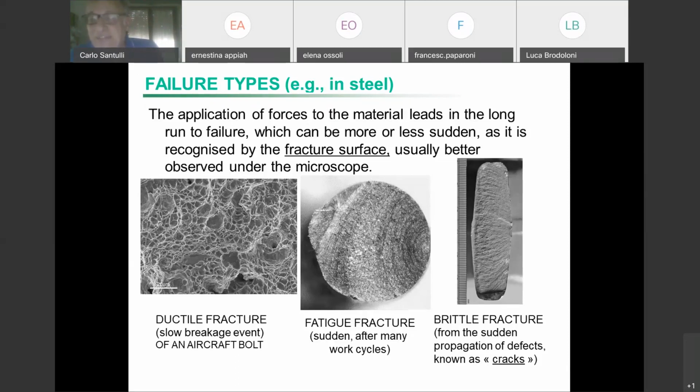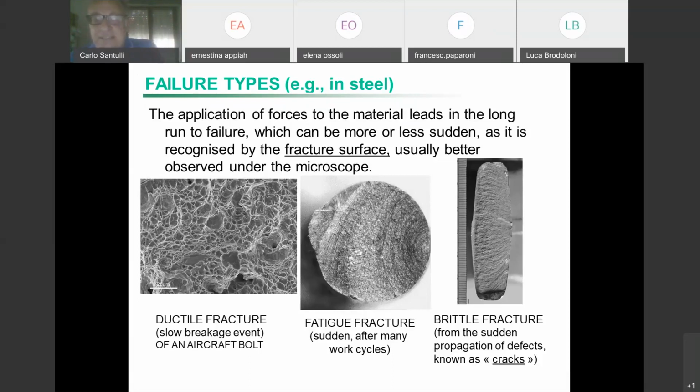You may see some scratches on steel, but it's very difficult to say which of these scratches would lead to sudden failure. Sudden failure might be a problem, and you can see that it is sudden because the surface is quite smooth. It's not so complicated, not so thin like it was for the ductile fracture.